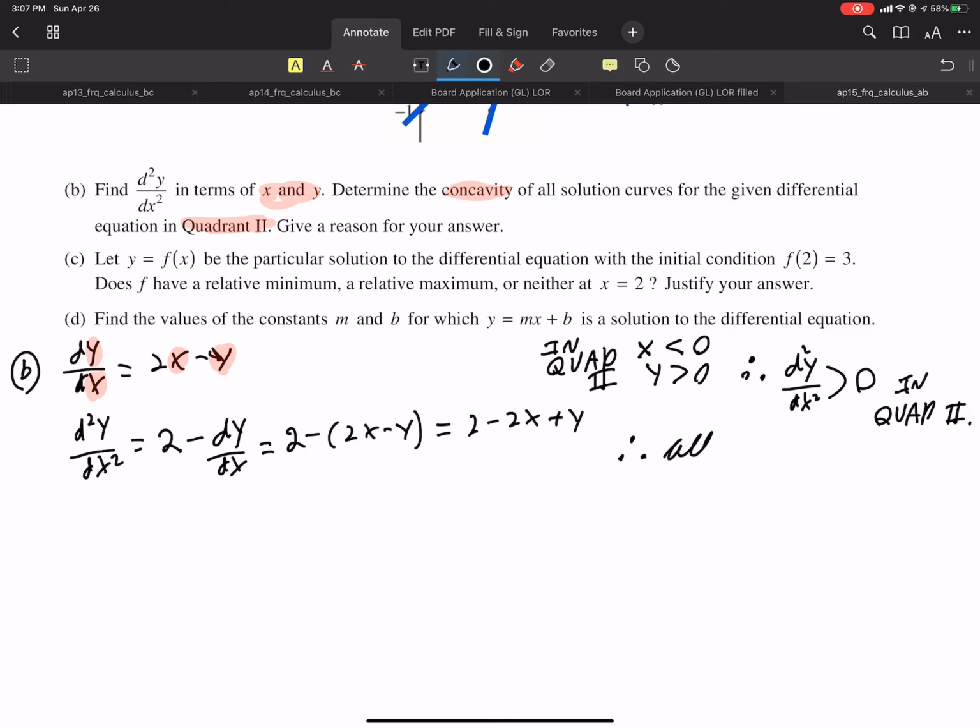Therefore, all solution curves in quadrant 2 are concave up. I don't know how to do a capital Q in script. That's sad. I think I do, but it's weird, and I don't want to mess up. Let's go to part C.